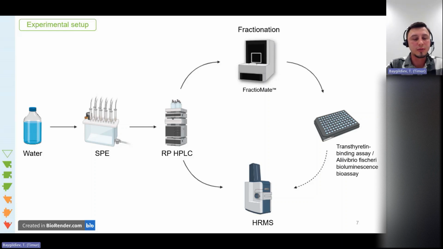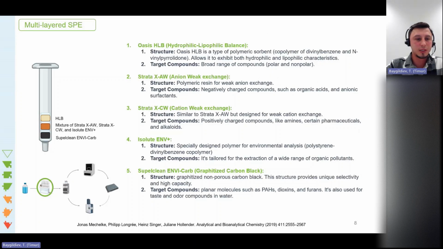Further, I will split this scheme apart and go one by one. First, I would like to start with the solid phase extraction. As we were looking for PM compounds and other emerging compounds, and we all know that PM compounds are rather polar, we need a really broad chemical space, and using only one sorbent can significantly restrict it.